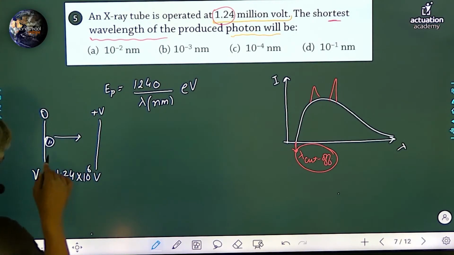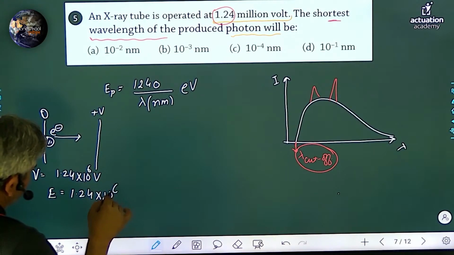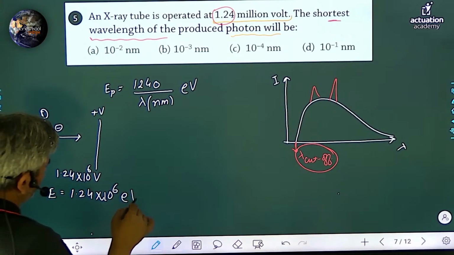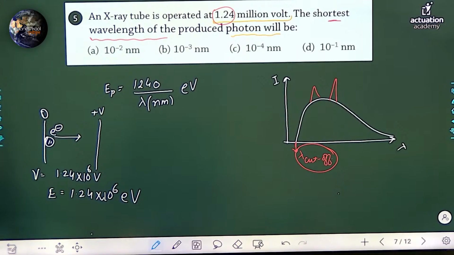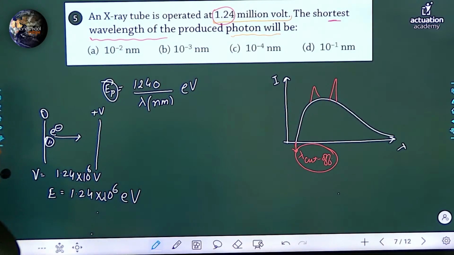So the energy acquired by this electron is 1.24 into 10 raised to power 6 eV. If we put this energy here, we'll get simply the lambda of the photon.